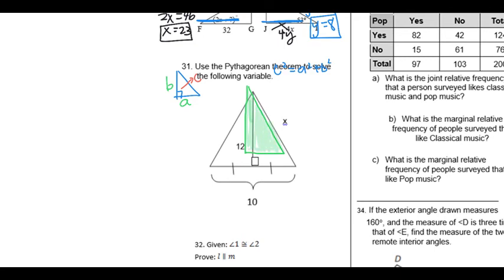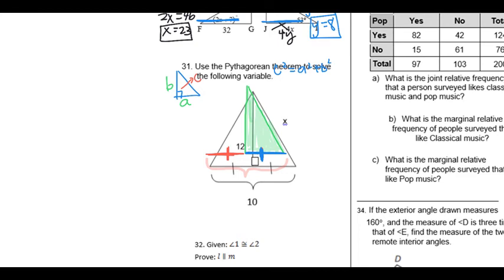Now, they did tell me that this whole side at the bottom is 10, and they marked it that these two pieces are congruent. So that means this piece is congruent to the blue piece. Okay, those two pieces are equal to each other.